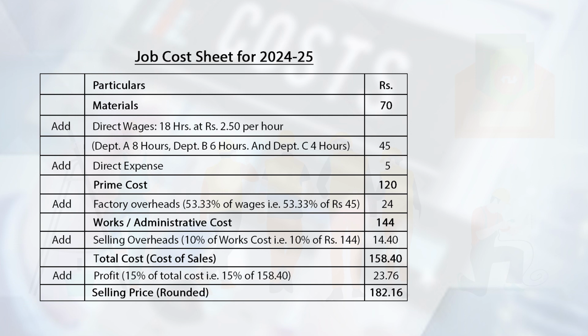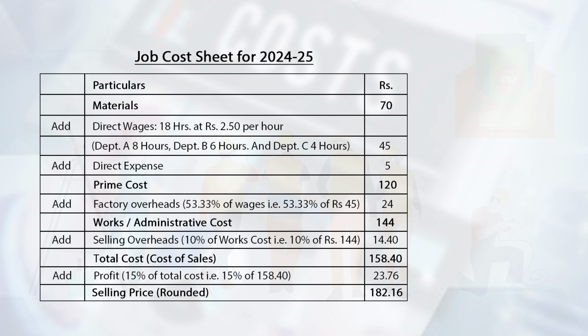Let's prepare job cost sheet for the year 2024-25. Material cost per unit rupees 70. Add direct wages, that is 18 hours at rupees 2.50 per hour, and it includes Department A 8 hours, Department B 6 hours and Department C 4 hours, making it total rupees 45. Add direct expenses 5.